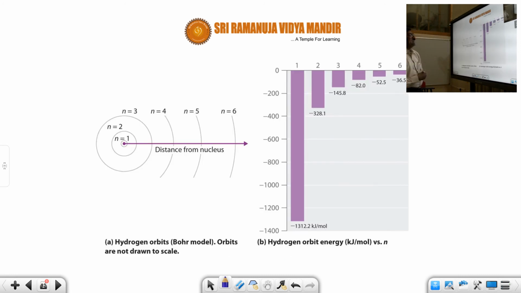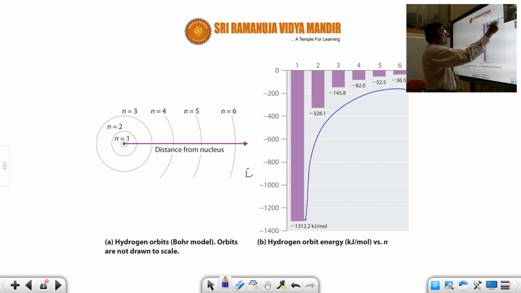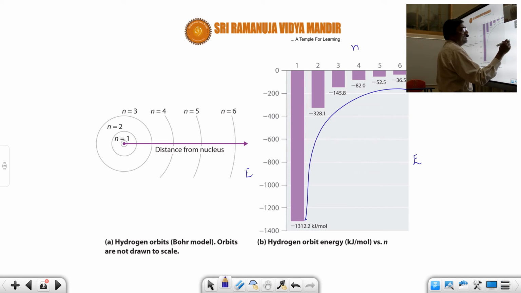Now, the same thing you can see here in the graph. Draw the graph here. It looks like this. The graph is between energy and n value. Do you agree or not? What is happening to energy? Energy is decreasing, because E is proportional to minus 1 by n square.